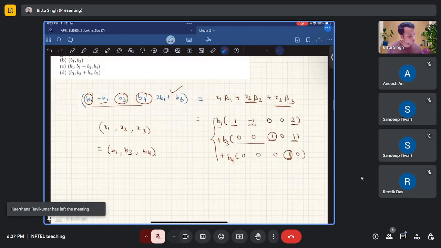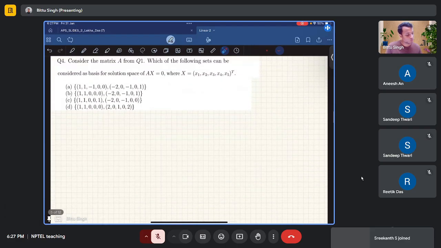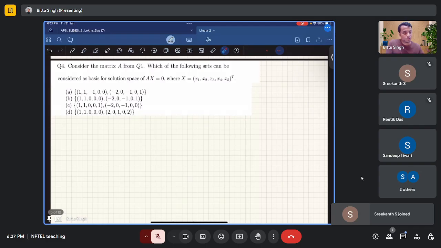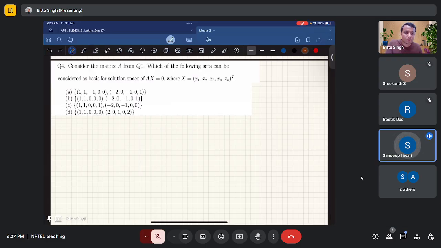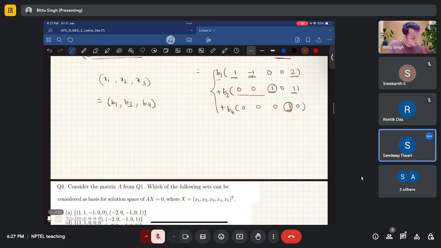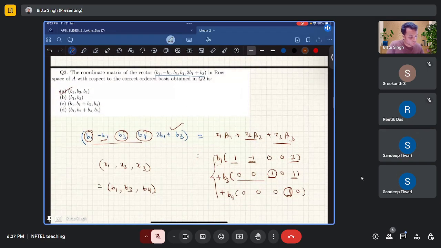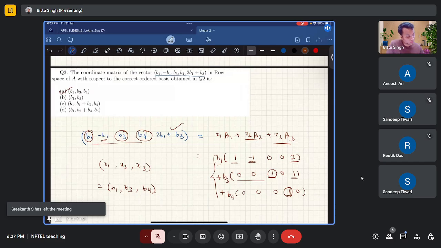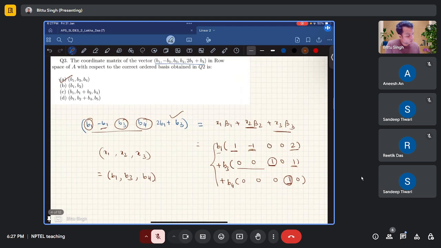Okay. So let us see question number 4. Sir, option B is incorrect. Yes, option B is not possible because for option B, the combination b1 comma b2, if you write b1 times beta 1, there are three basis elements, so there should be another coordinate, right, which is not there.